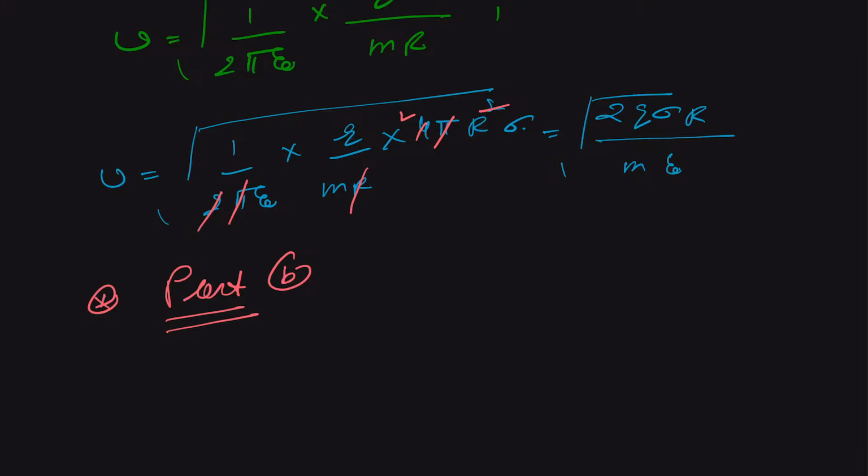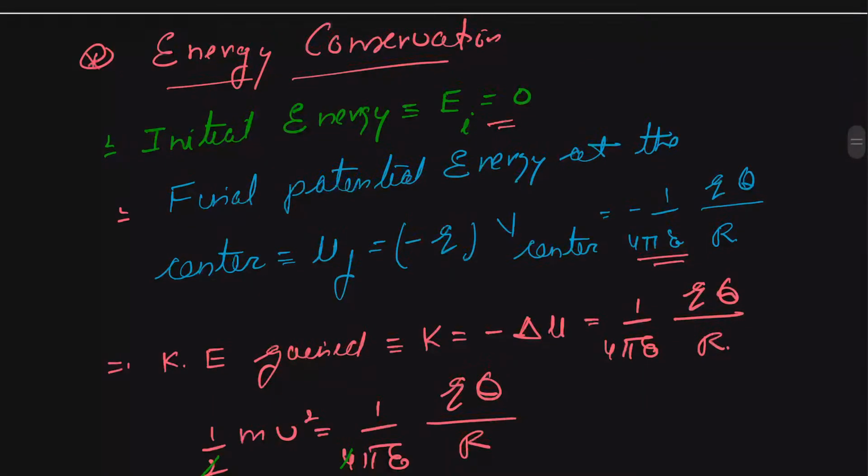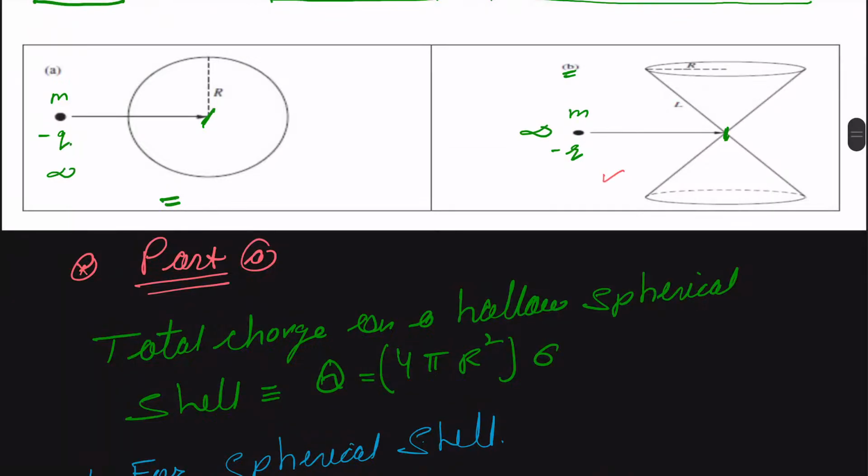So we simply found out that our potential energy is dependent upon the potential, not on the shape. Shape means here we are discussing now part B, which is a shape of the cone. The part A, it was a sphere. The shape doesn't matter. What matters is the potential. So we have to remember this particular thing.